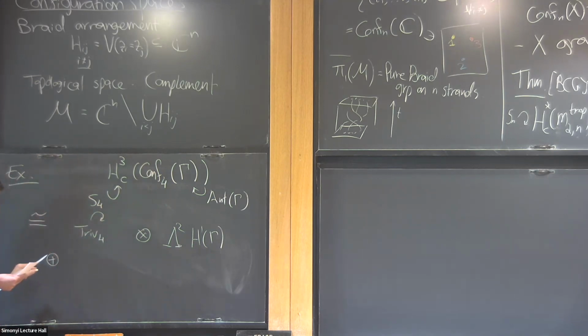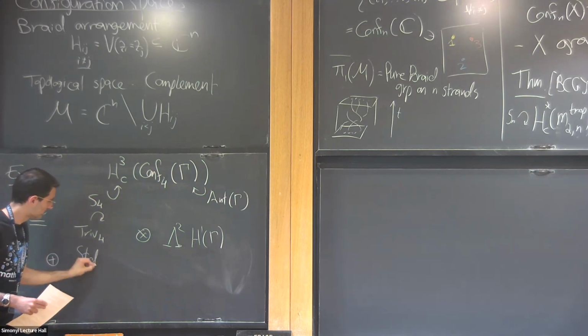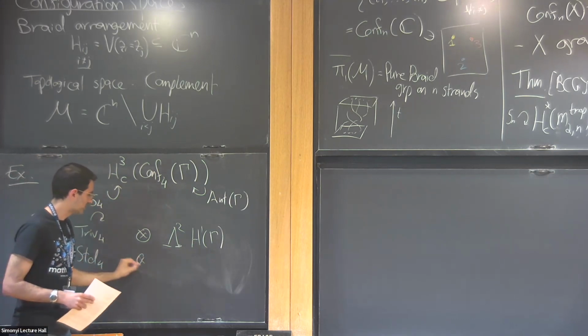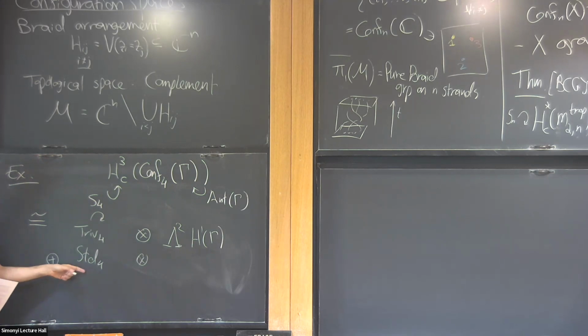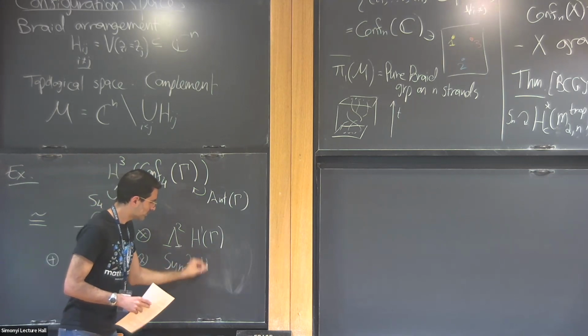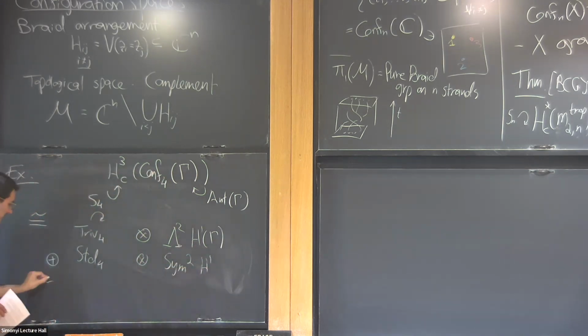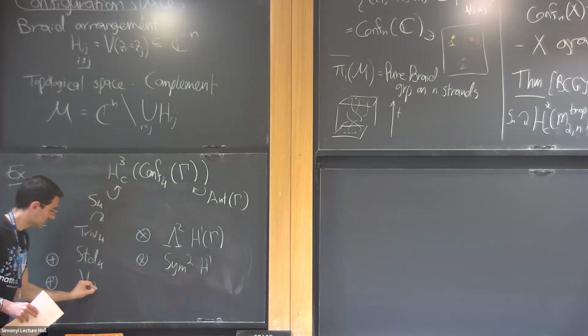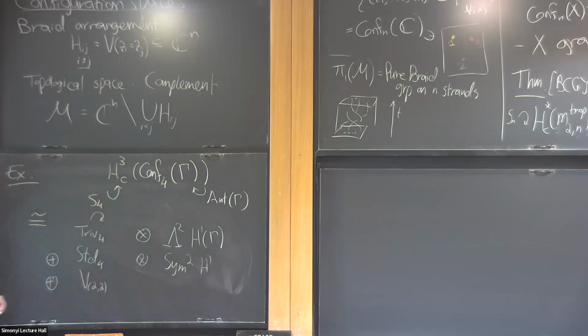Then there's another term, the standard three-dimensional irreducible representation of S4. And this is showing up with Sym^2 of H1. And then you have this two-dimensional representation of S4, if you're familiar, corresponding to the partition 2, 2.